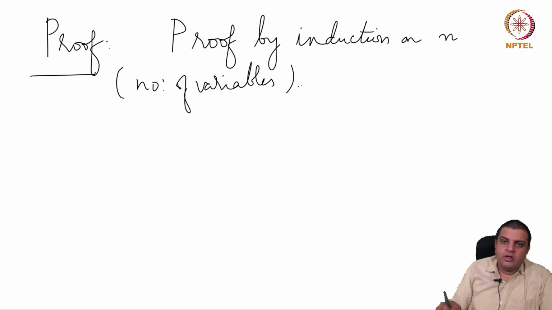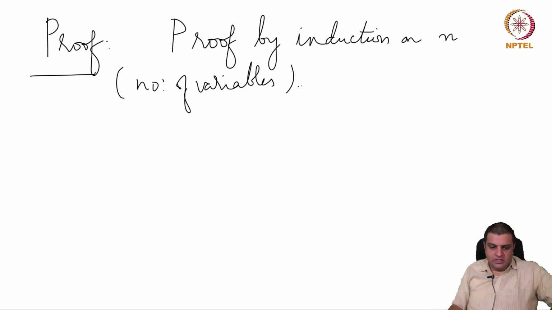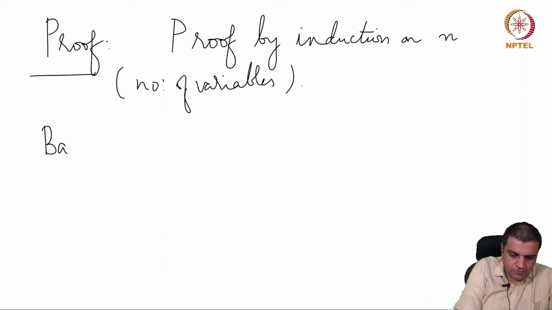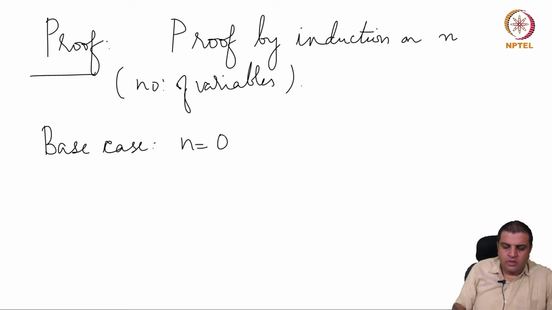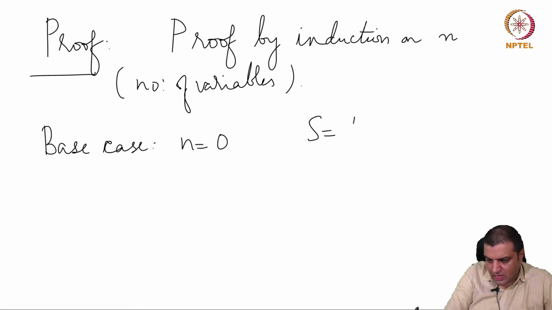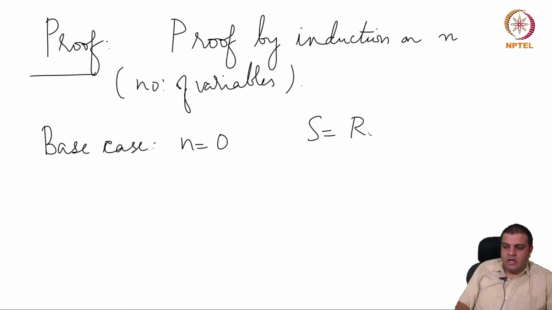The base case is n equals 0. In other words, S is R, and M is a graded module. It is finitely generated as an S-module, which means that it has generators living only in finitely many degrees.